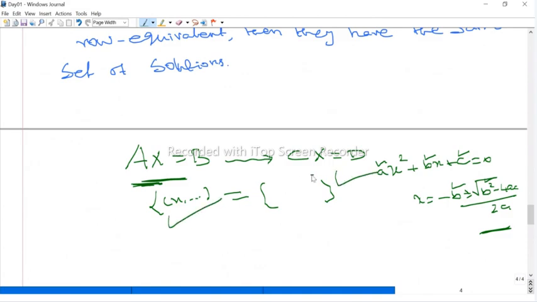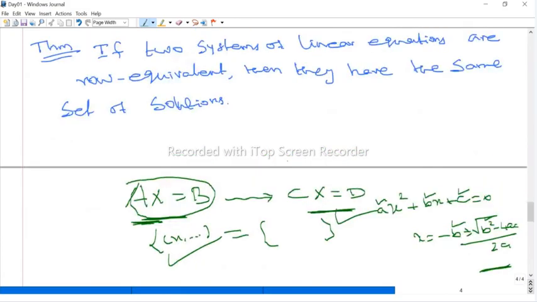Why do we need this system? Because sometimes it's very difficult to solve this system, so we need simple systems to solve the problem. Because the theorem says both systems have the same solutions, we don't want to waste time solving this bigger system, because maybe it contains so many large numbers or so many non-zero numbers.